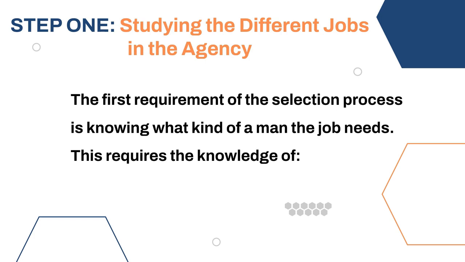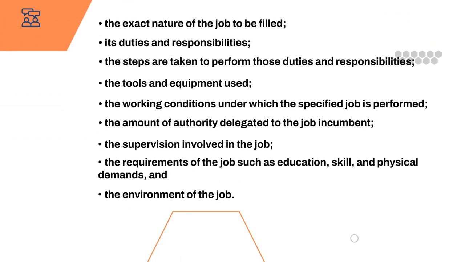This requires knowledge of the exact nature of the job to be filled, its duties and responsibilities, the steps taken to perform those duties and responsibilities, the tools and equipment used, the working conditions under which the specified job is performed, the amount of authority delegated to the job incumbent, the supervision involved in the job, the requirements of the job such as education, skill, and physical demands, and lastly, the environment of the job.